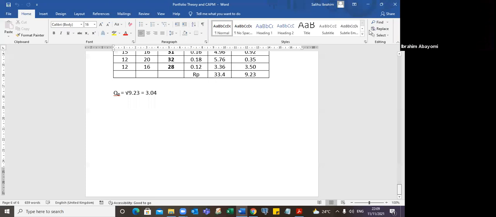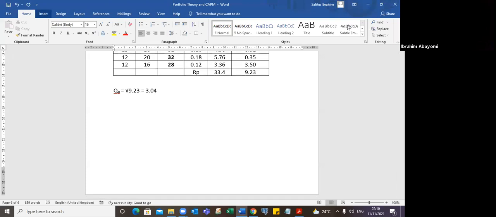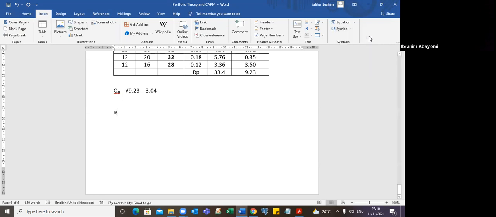Let me say that we have the symbol for alpha. That's the symbol for alpha. So alpha value, like I said, is the difference between expected return. If I'm to write this in a book, it will be this R with a bar on top of it. Do you understand what I mean?